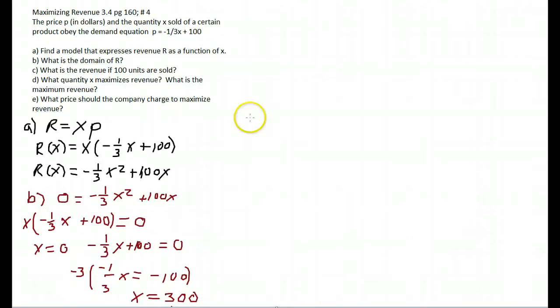So I can write this, let me put this up here. If I'm using set builder notation, I would say we have a function in X such that X is between 0 and 300.